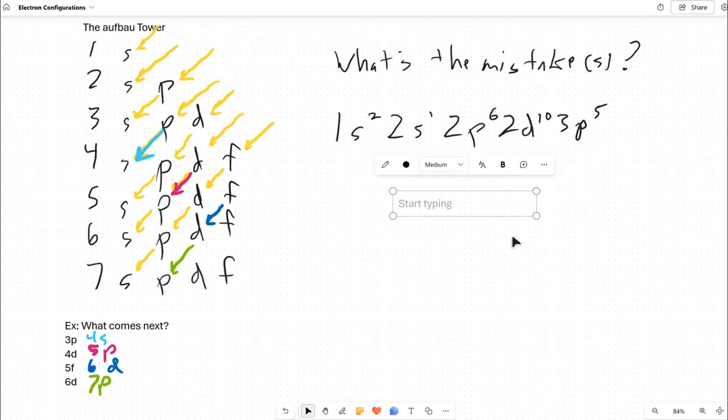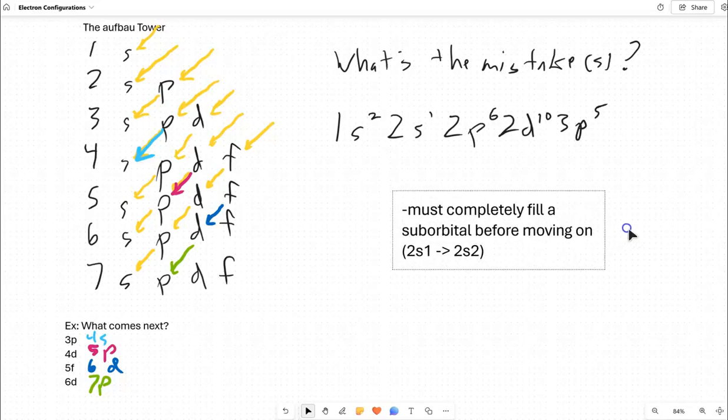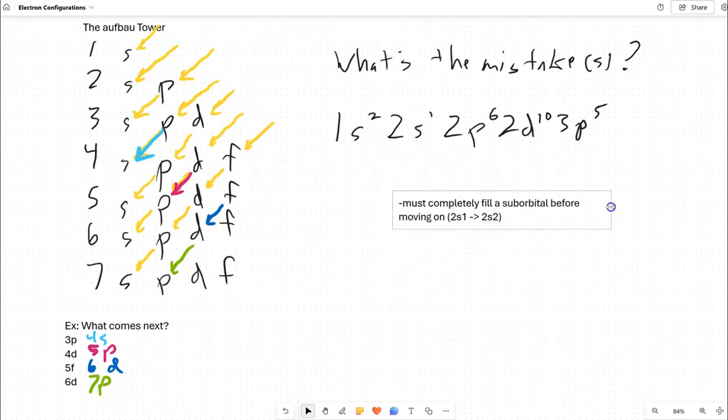First one, as you're reading it left to right, I have to say it must completely fill a suborbital before moving on, meaning that 2s1 needs to be a 2s2 before you would even tap back into the tower and unlock the next one. You have to fill that up. Okay, so that's one mistake we can talk about fixing. Yeah, this guy. Okay, cool.